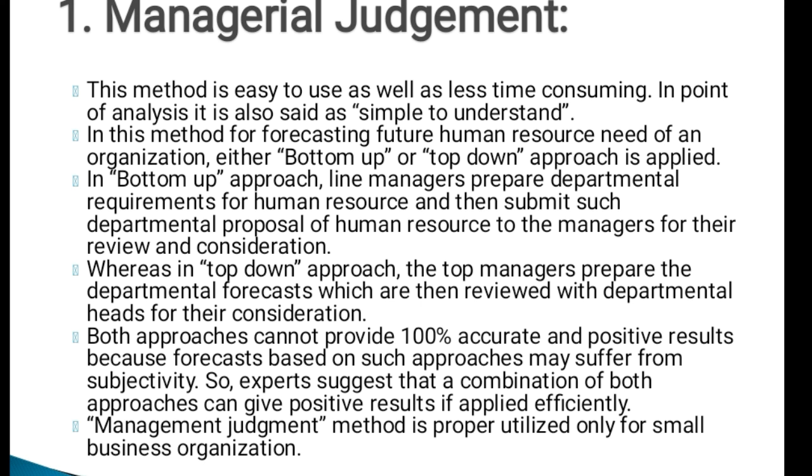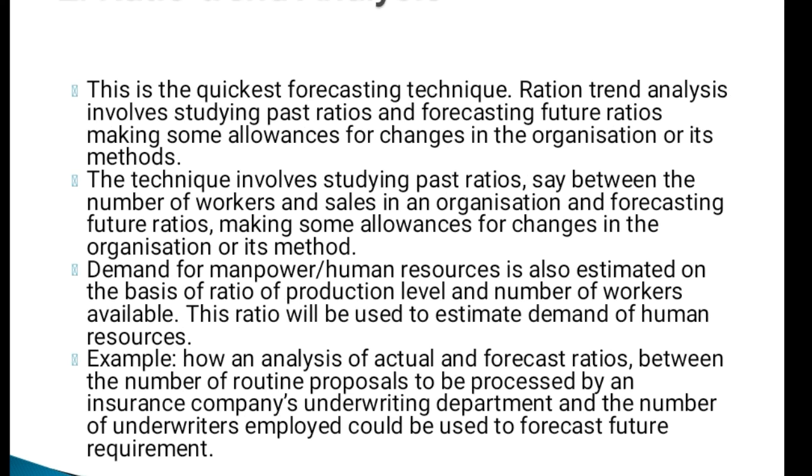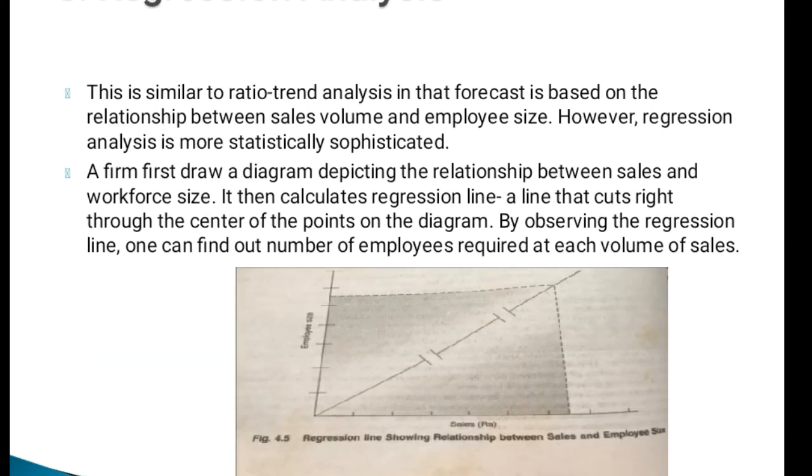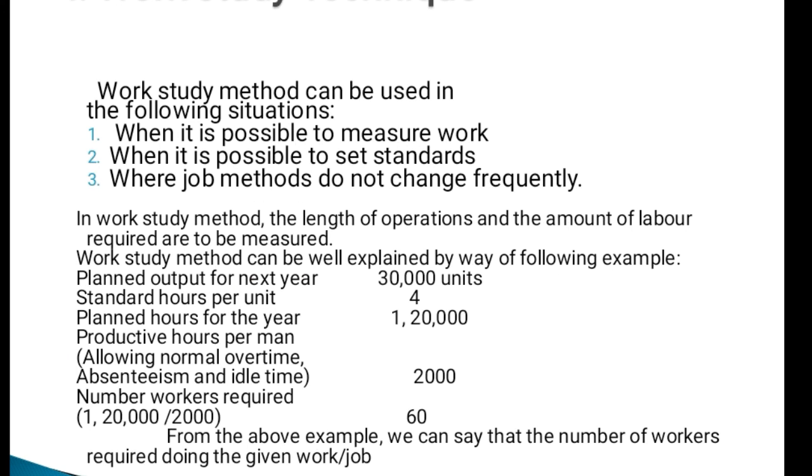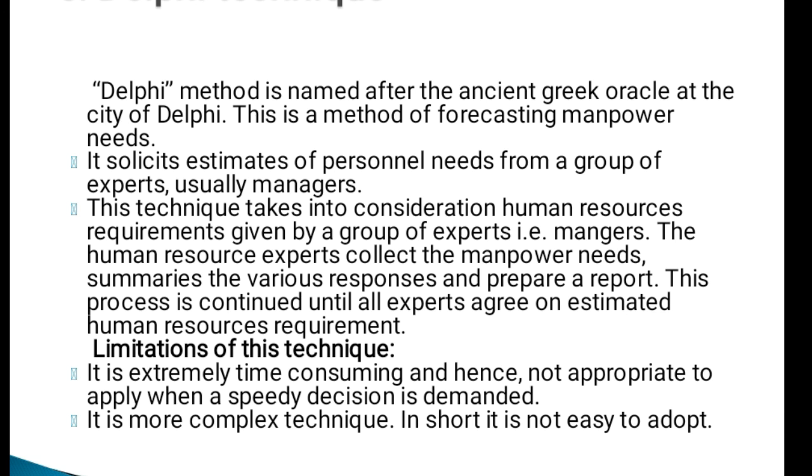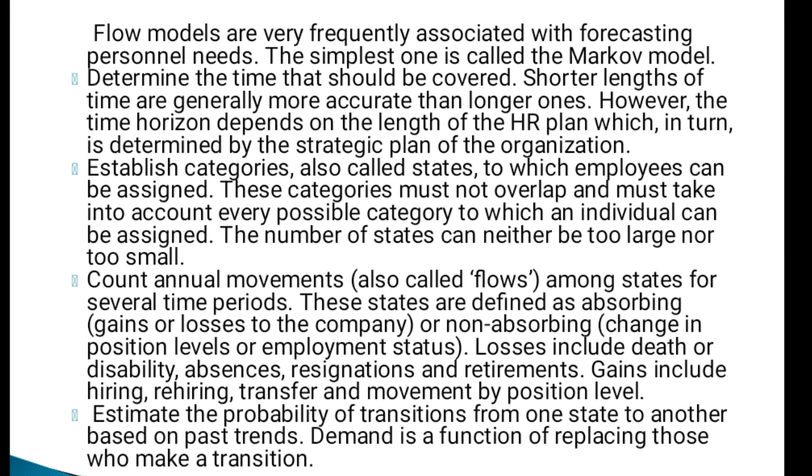The managerial judgment method is properly utilized only for small business organizations, as I told you earlier. The other methods, that is ratio trend analysis, regression analysis, work study technique, Delphi technique and flow chart model technique, we will discuss in the next session. Thank you, students.